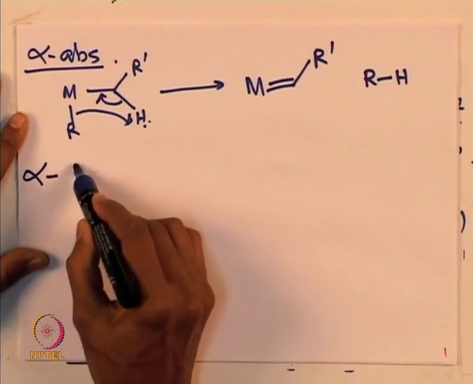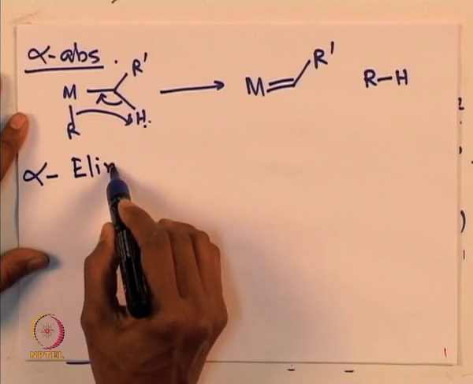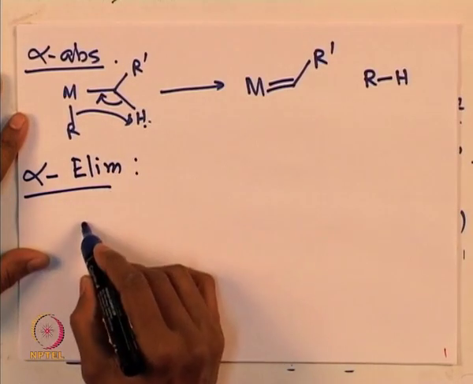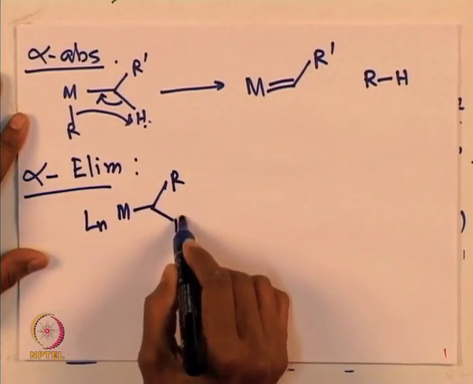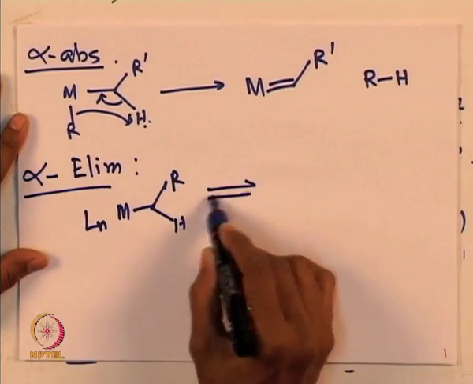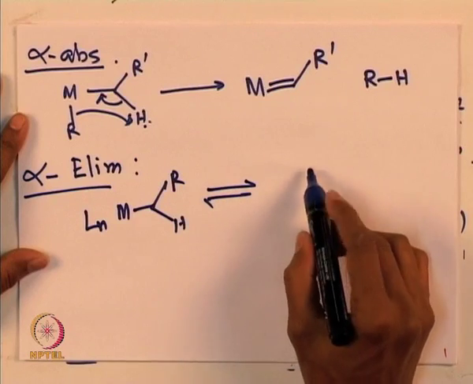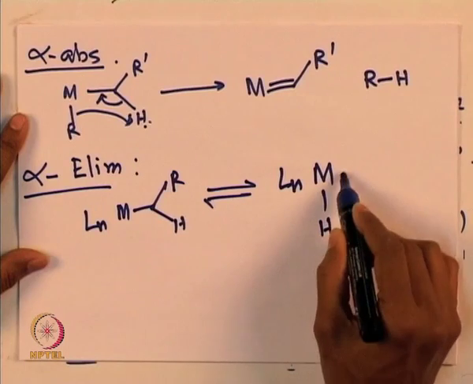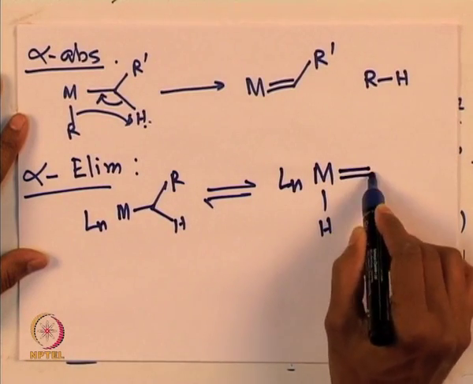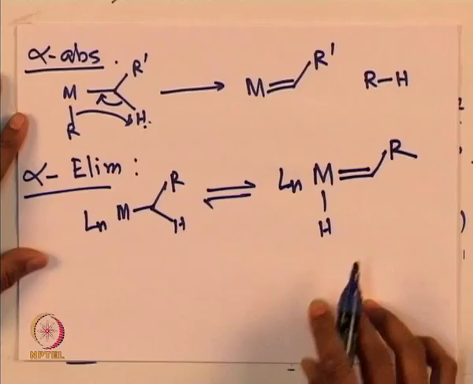If you just want to compare with alpha elimination, very simply, let's say you have a ligand metal complex and an alkyl intermediate. Of course, these reactions are reversible in nature, and at the end you end up getting a ligand metal hydride species along with the carbene intermediate.